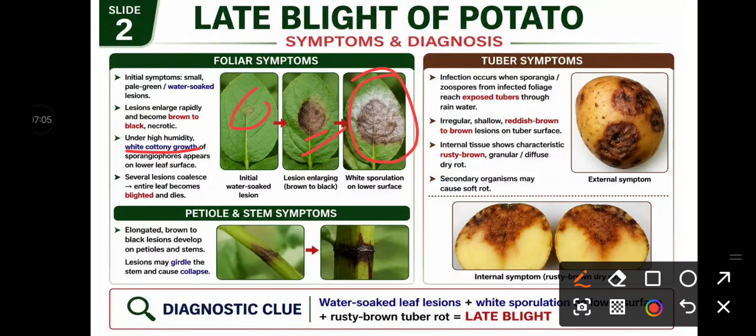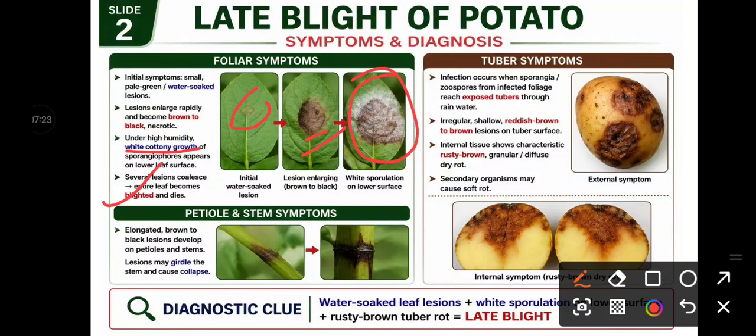Just similar to the downy mildew fungi. Okay, so then several lesions will coalesce and ultimately cover the entire leaf surface, causing blightening, and ultimately the plant will die.